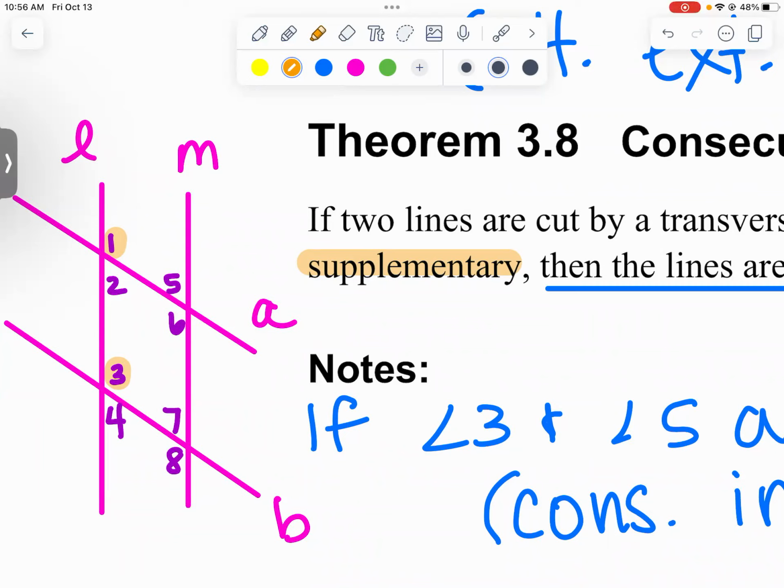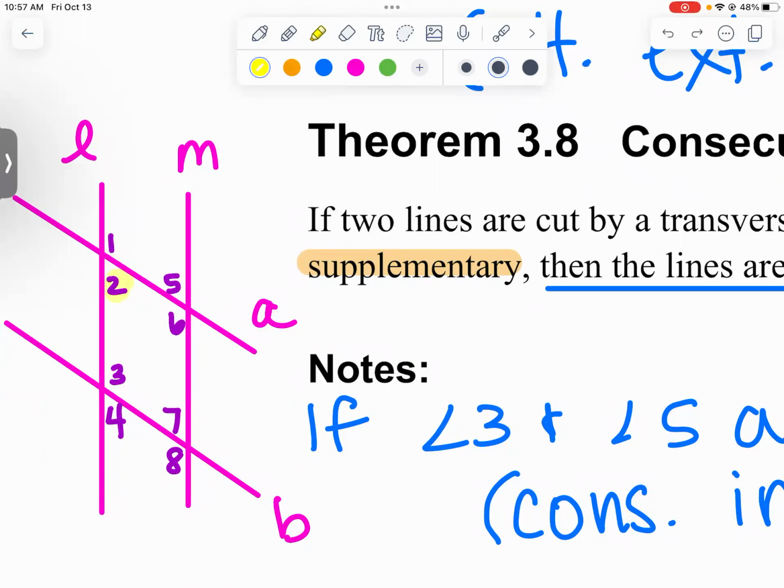A and B. So angle 1 and angle 3, the line shared is L. L is the transversal. So A and B are parallel because 1 and 3 are corresponding angles that are congruent. Therefore, A and B are parallel.